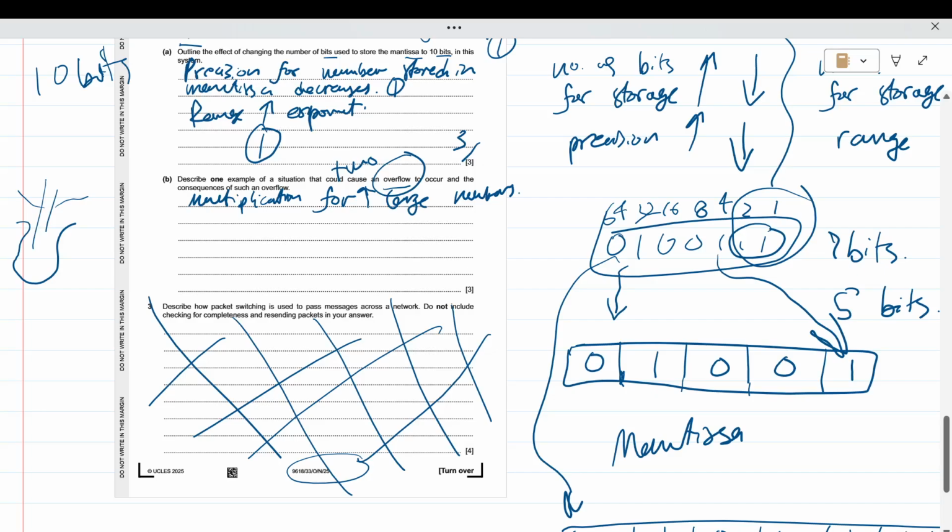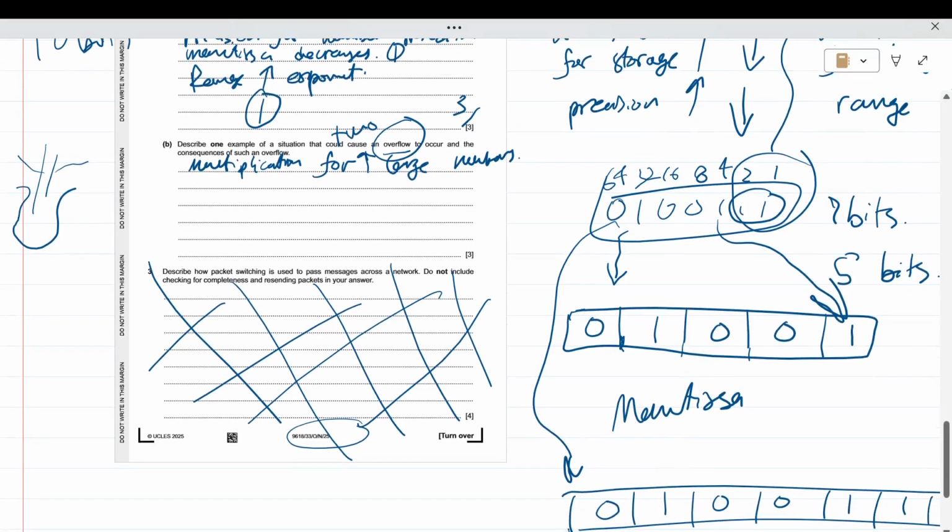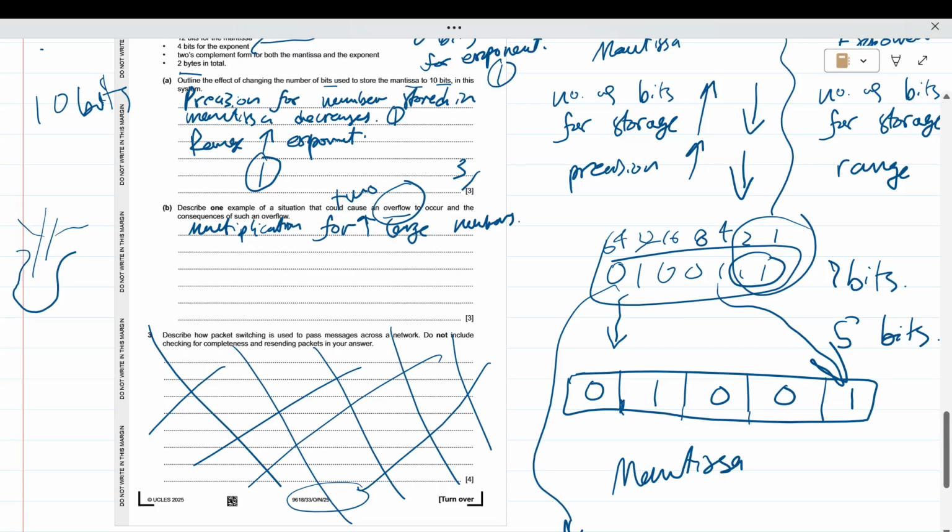So if you're going to multiply 2 large numbers, obviously the product of them is going to be outside the range of values, right? It's going to be outside the number of bits, right? And that is going to lead to the significant bits being lost, right? So I'm just going to write significant bits lost. That is one thing.